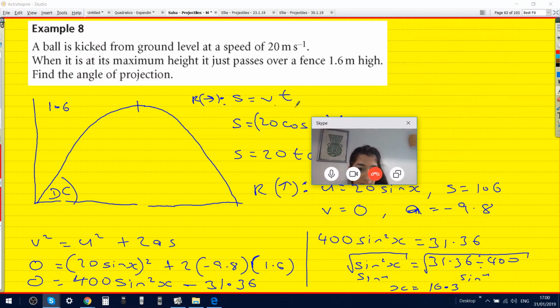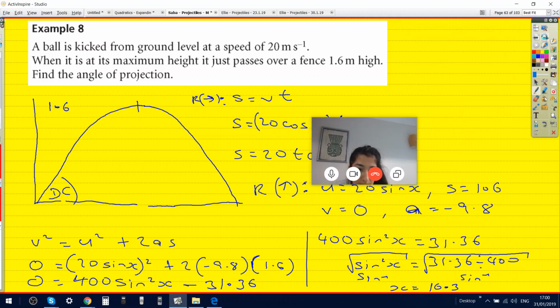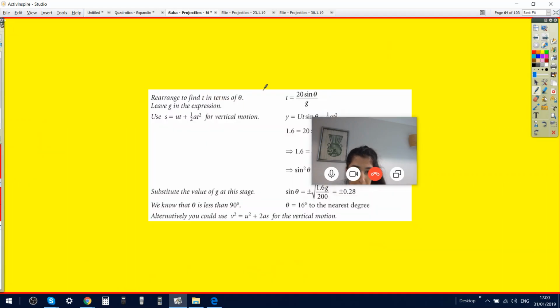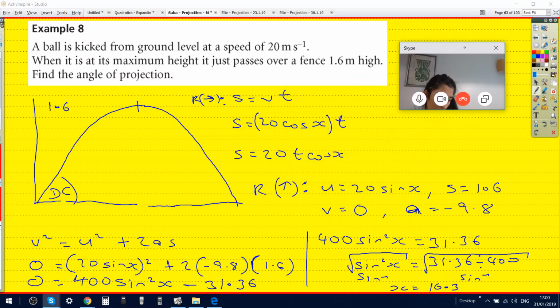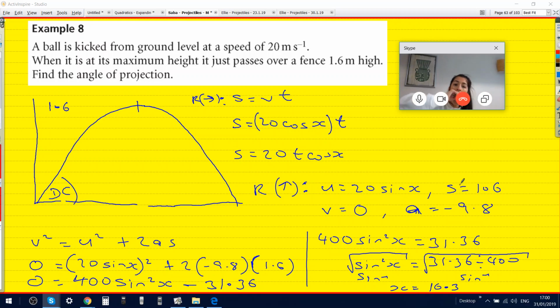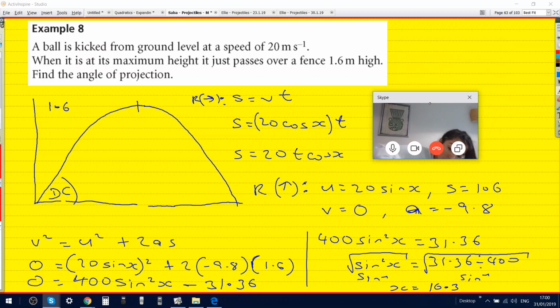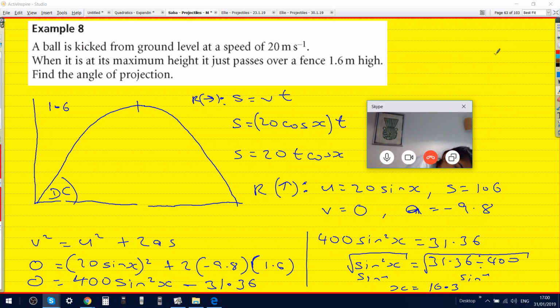Roughly 16 degrees to the nearest degree. So it wasn't simultaneous equations after all. Resolve vertically. U is 20 sine x, S is 1.6, V is 0 at the maximum, A is minus 9.8. Any questions there? V is 0 at maximum.